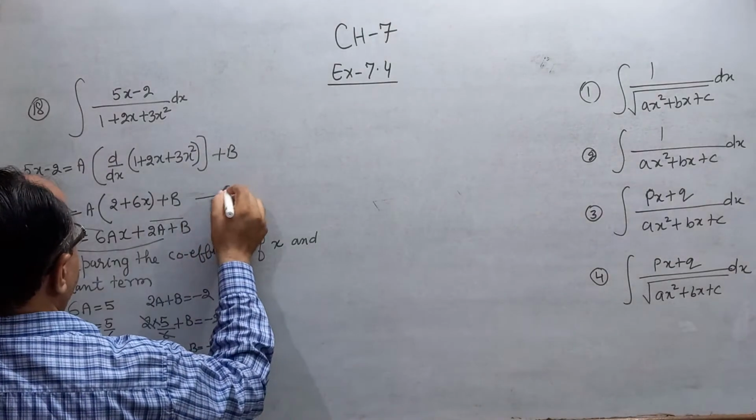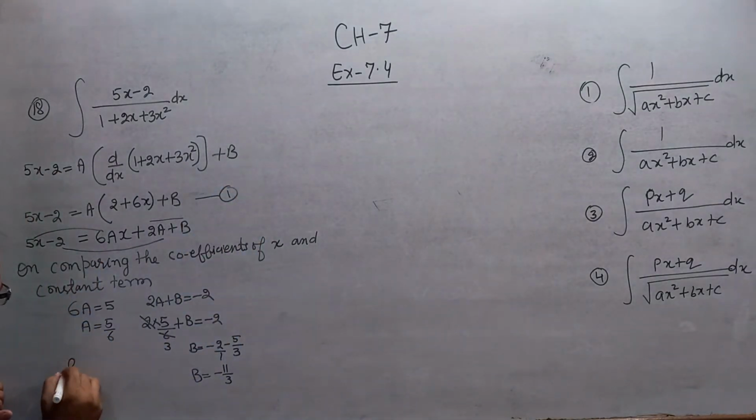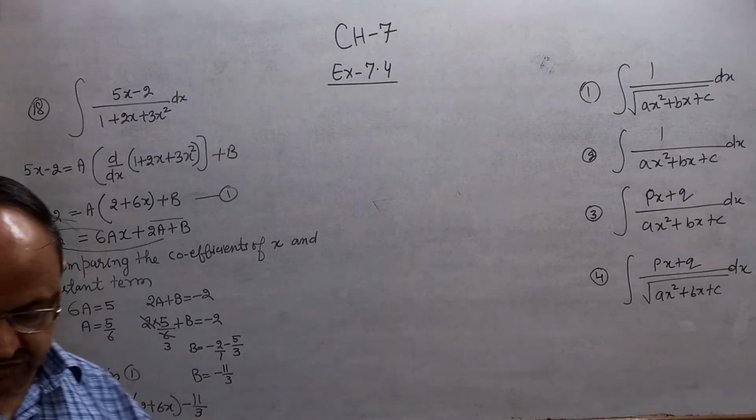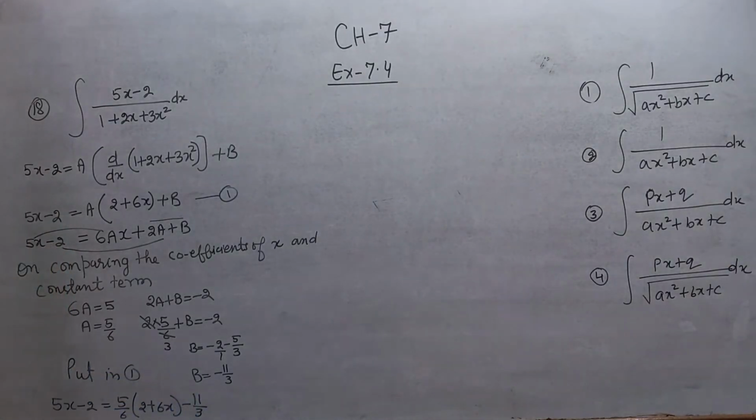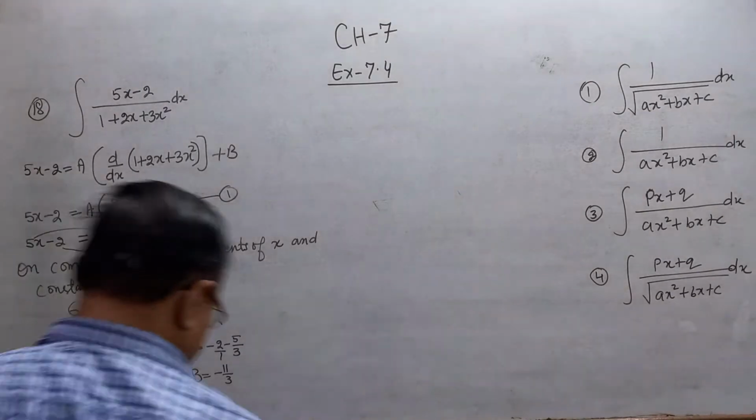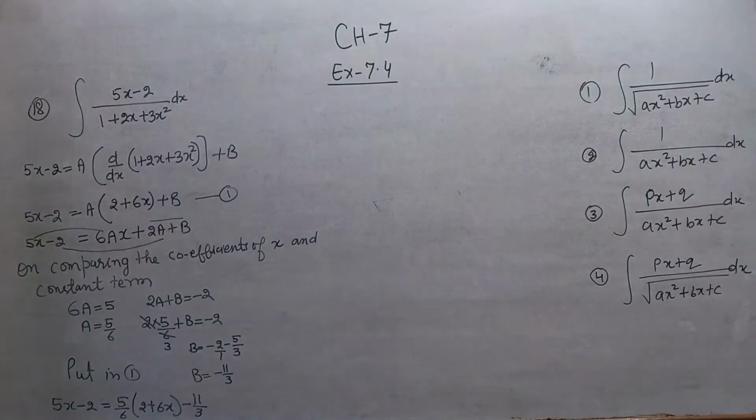Put the value of a and b in equation number first. Therefore 5x minus 2, you can say 5 by 6 into (2 plus 6x) minus 11 by 3. You will check. Clear?